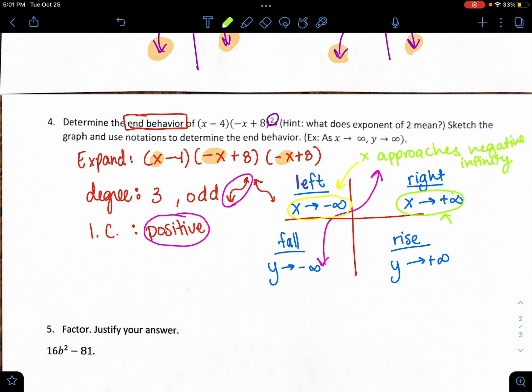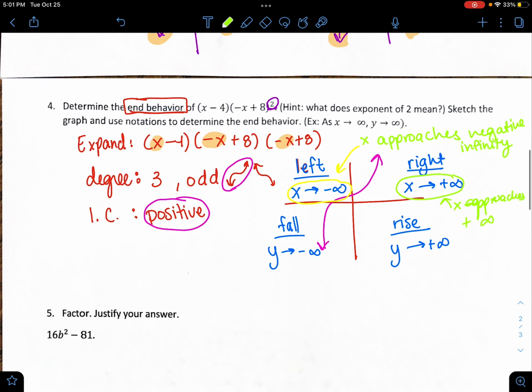This x approaches positive infinity. Remember, the right arrow means approaches. So you just need to know the wording.